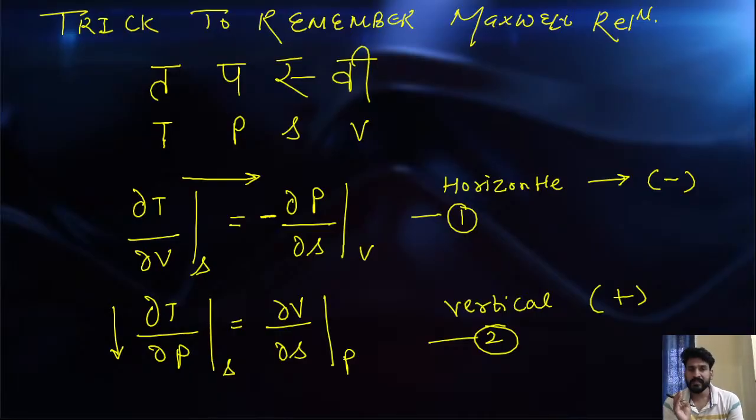We have three properties, PVT, and one property, that is entropy. So in the Maxwell relations, these are the four properties which we are using. We made a trick called TAPASVI: Ta stands for T, Pa stands for P, Se stands for S, and V stands for V. You have to make this word TAPASVI whether you go clockwise or anti-clockwise, it's your choice.